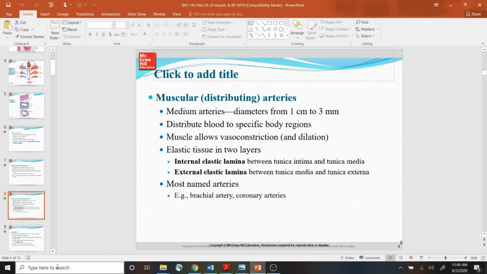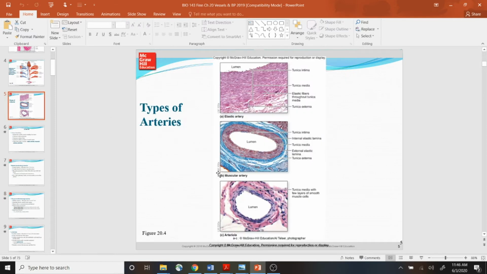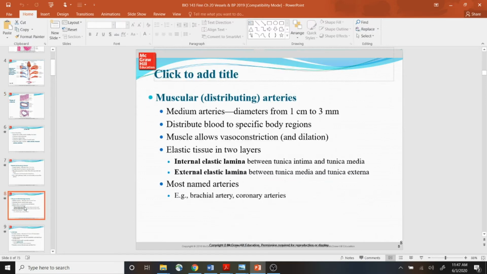When you look at these microscopically, while you don't see much of a thicker tunica media, there would be more smooth muscle in there, so that we can see vasoconstriction and vasodilation a little bit more. There also is a little bit more elastic tissue, and then we can identify it as internal and external.